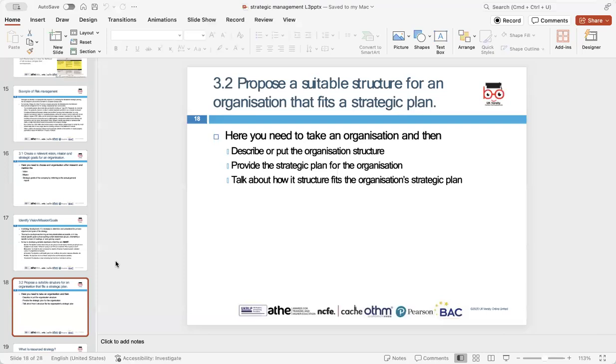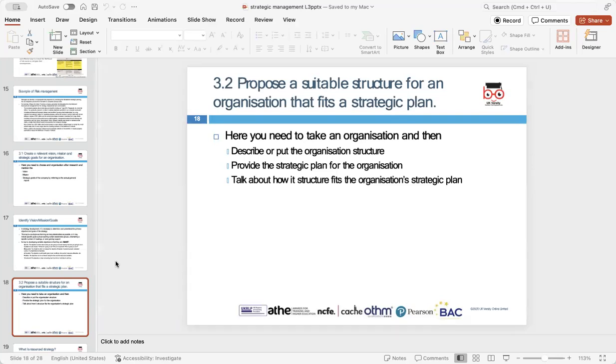For example, a functional structure divides the organization into departments based on specific functions, such as marketing, finance, and human resources. This type of structure works well for organizations focused on efficiency and specialization.